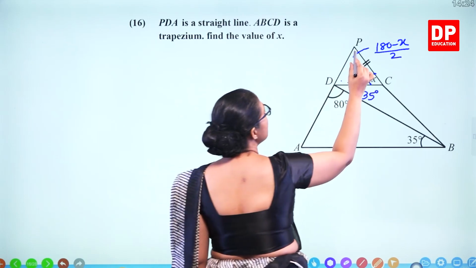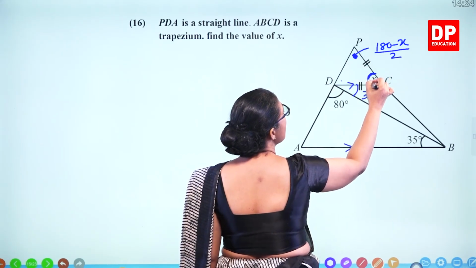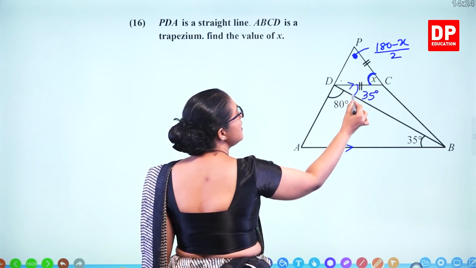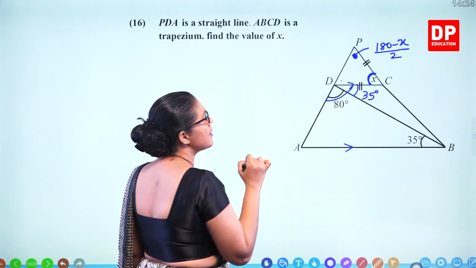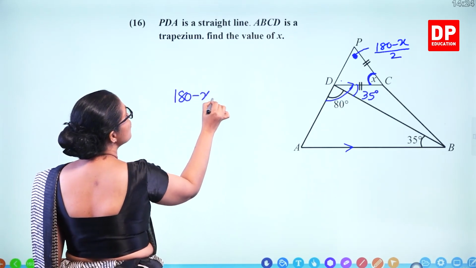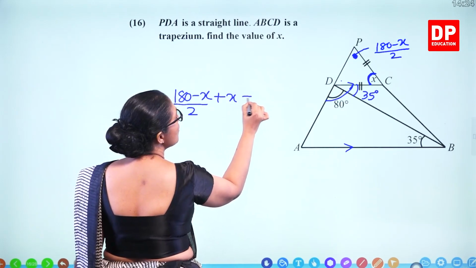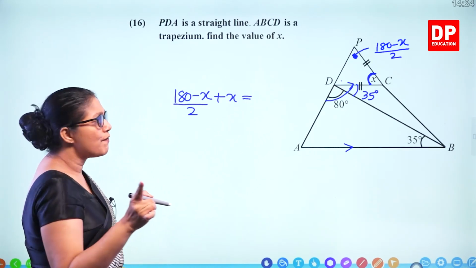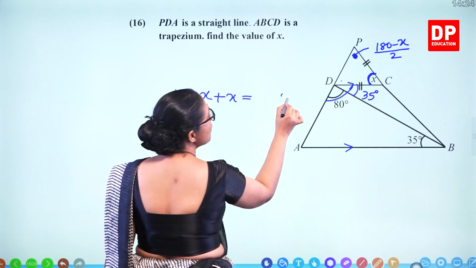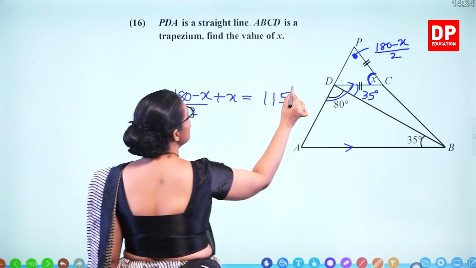That's this angle. Now we can create an equation. This angle plus x is the exterior angle. So we can write 180 minus x over 2 plus x is equal to 80 plus 35, which is 115.